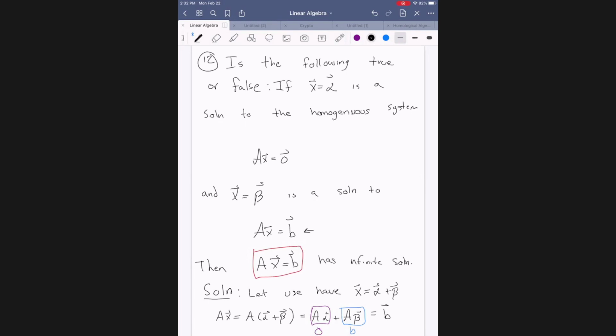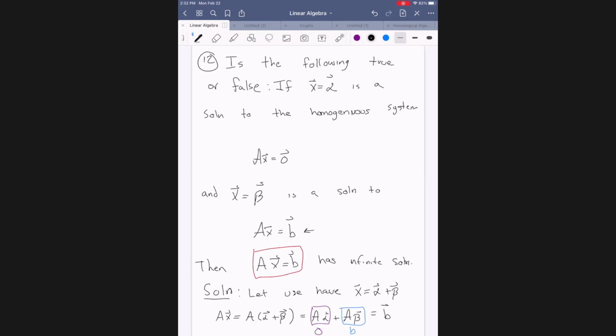Okay, so now, what do you think? I found one here, so does that mean that I'll have infinite solutions? So what can I do to that alpha plus beta?